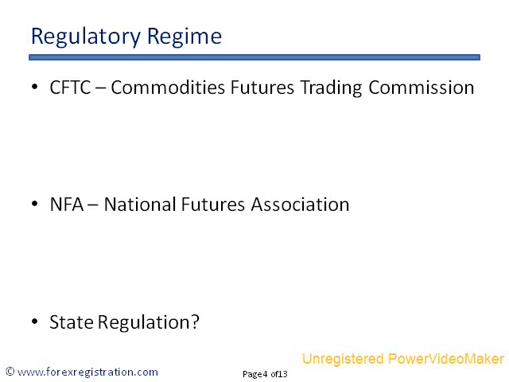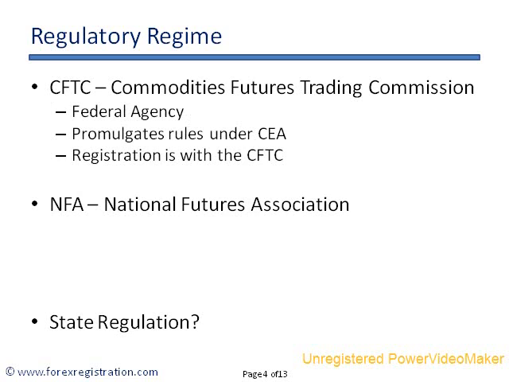Moving on to the regulatory regime, there are basically two levels of potential regulation, one at the federal level and one at the state level. For our purposes, we're mostly concerned with federal regulation, and federal regulation is done through the CFTC and the NFA.